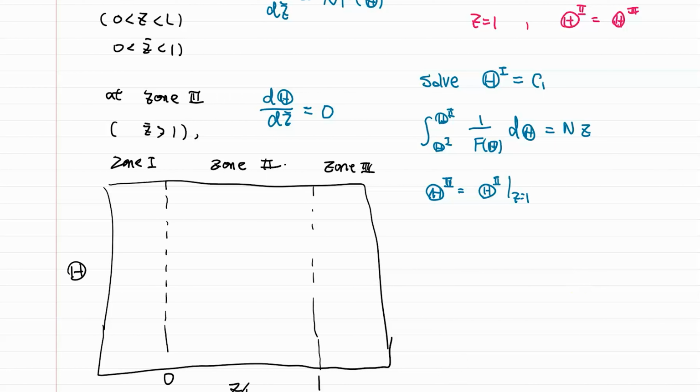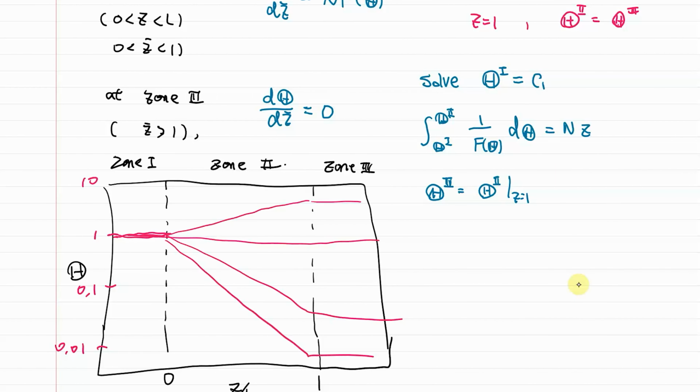So here's what we get. We have 1, and this is a log scale, by the way. So if the reaction is exothermic, meaning that N is a positive number, then we have a temperature accumulation, or temperature increase, as we go downstream.